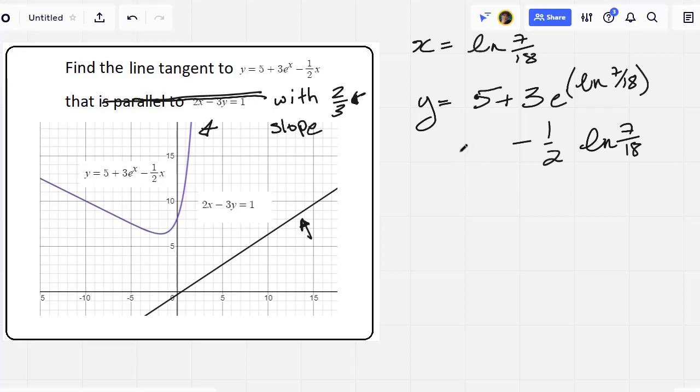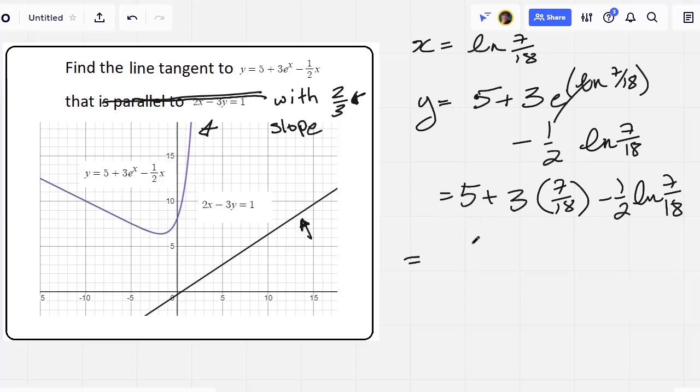So let's just do what we can with these first two terms. That equals 5 plus 3 times, now the e and the log do away with each other, and we just keep the 7/18. And the minus 1/2 log 7/18, nothing new happens to that.